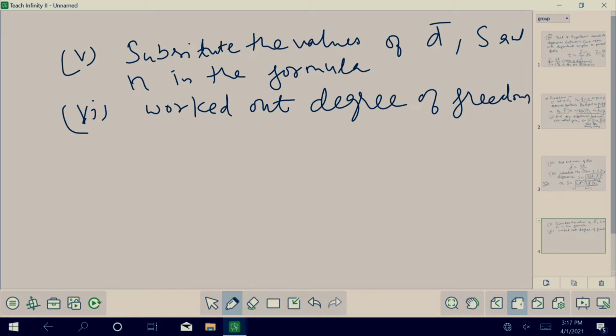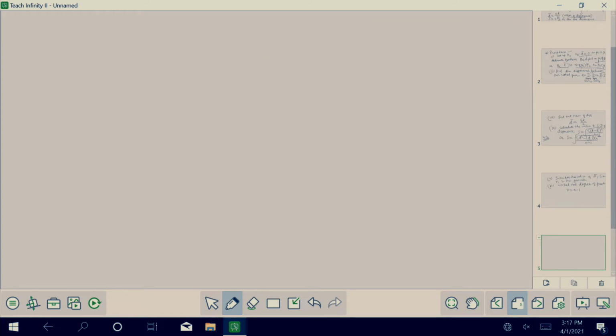So here degree of freedom will be n minus 1, note to remember this point, right. So let us do one example so that the concept can be clear in your mind.